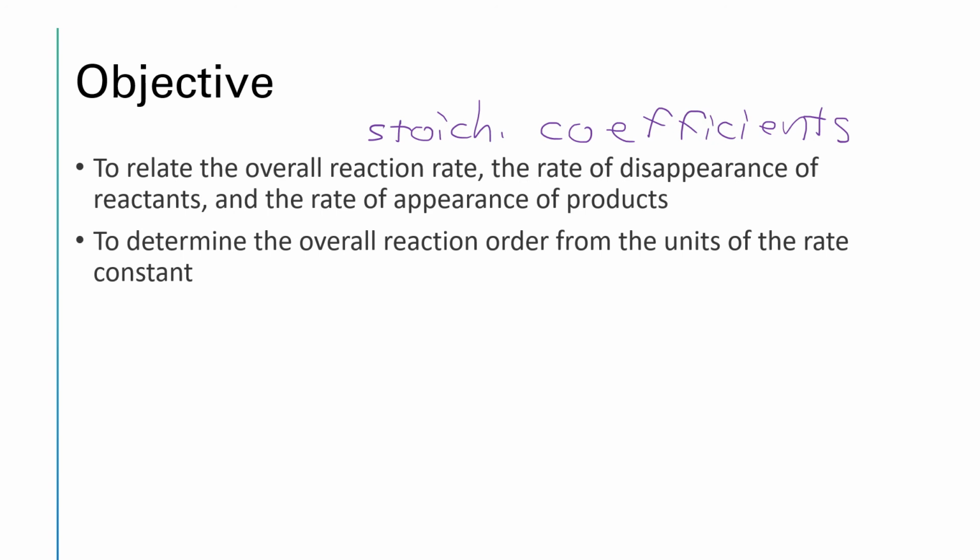And we also looked for the pattern in the units of the rate constant and found that the units were given by molarity to the minus (overall order minus 1), so 1 less than the overall order with a negative sign, and then your time to the minus 1 power.